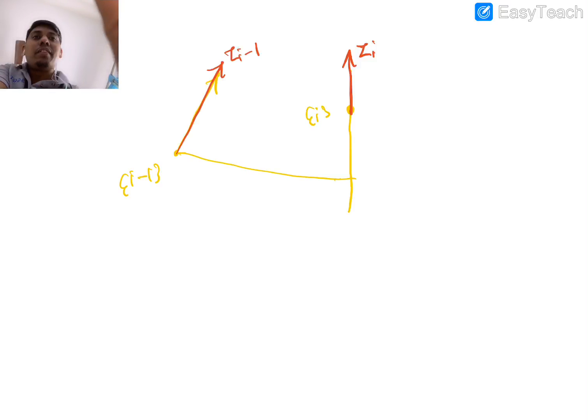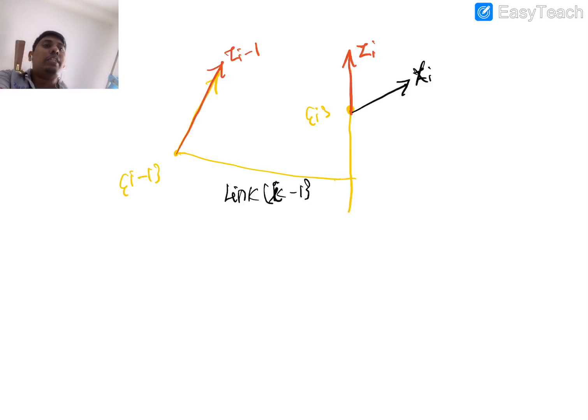And we know further the x i direction, and in this case we will not see the i plus 1 frame at all. So we will see the link k minus 1 or i minus 1, whatever you can call it. That would have the i minus 1 frame and the ith frame, and we will see only the x i direction.